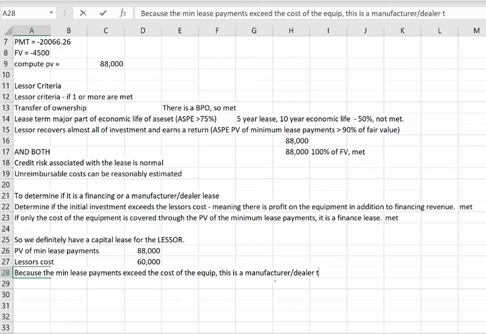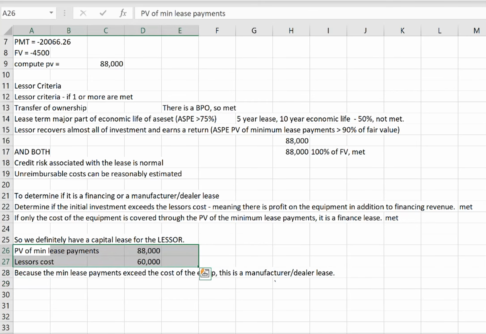And that's because there is profit on the lease right here. Normally if the present value of the minimum lease payments was the same as the lessor's cost, then they would still earn a return throughout the lease as they received interest income each year. But here they're also making a profit on the equipment, or the present value of the minimum lease payments. So it is a manufacturer dealer lease.